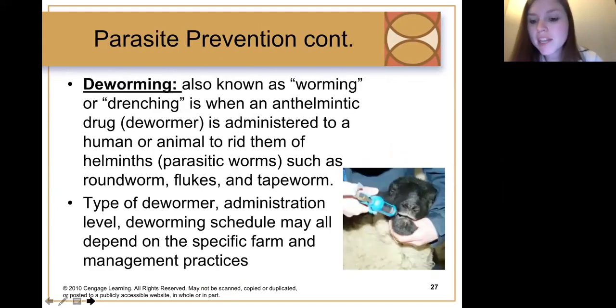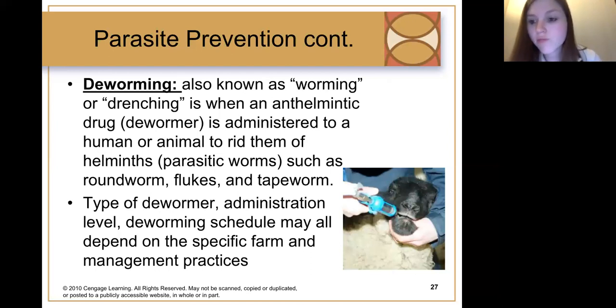One of the major management practices that we talked about is deworming. Deworming or worming or drenching is when an anthelmintic drug or dewormer is administered to a human or animal to rid them of parasitic worms or helminths, such as roundworm, flukes, and tapeworm.